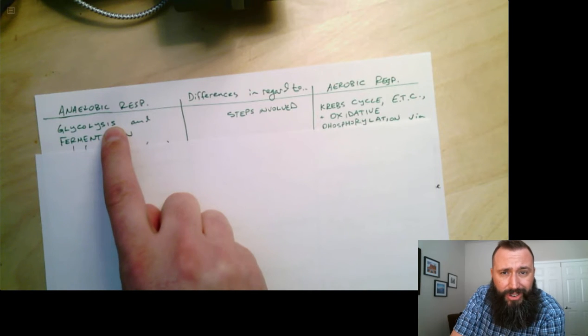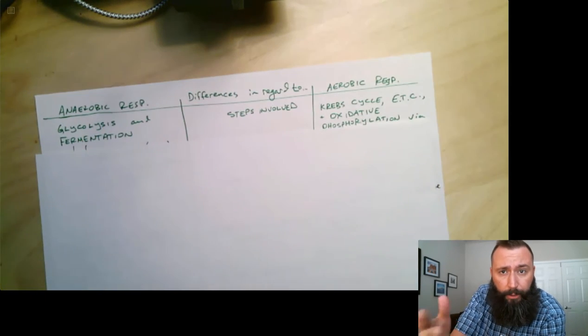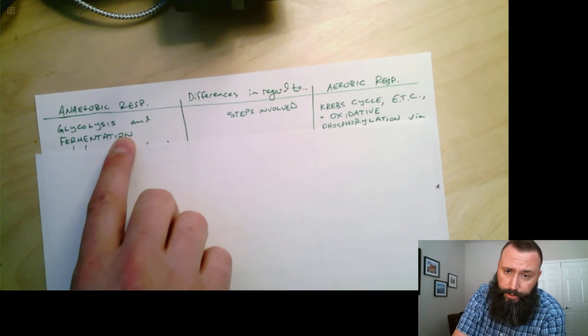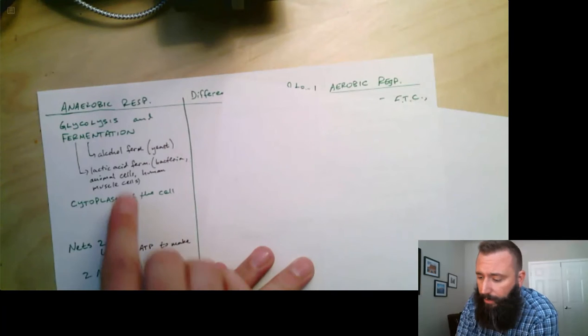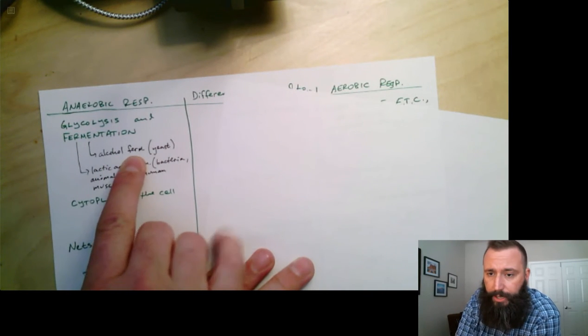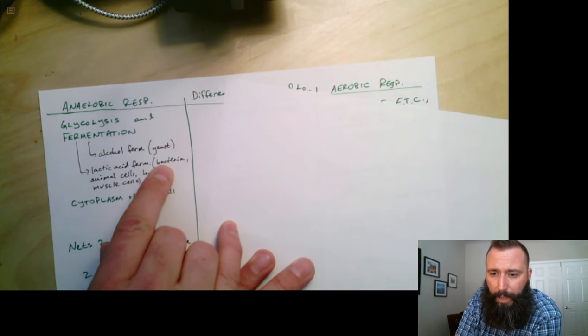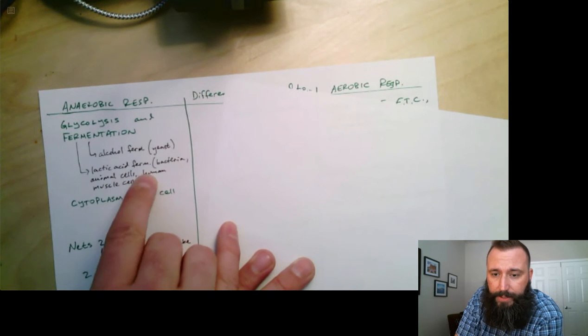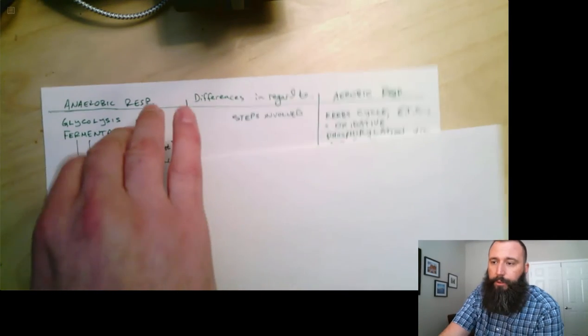And if oxygen is not present, then the product of glycolysis, pyruvate, will move on into fermentation. There's 2 different types of fermentation that we talked about in our class. Alcohol fermentation is performed by yeast, and lactic acid fermentation is performed by bacteria, animal cells, and human muscle cells. So those are the steps involved with anaerobic respiration.